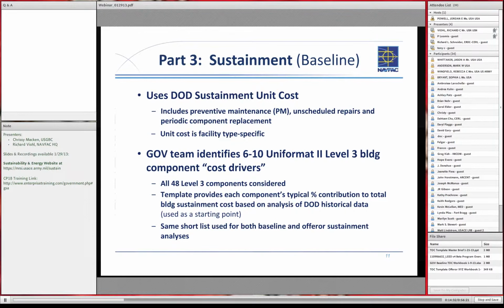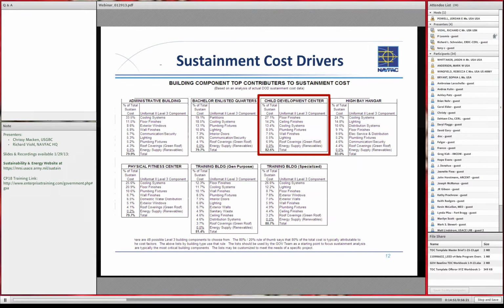But it's only about 6 to 10 of these uniformat level 3 building components. There are 48 altogether. So we're looking at a small number of them, and those are the cost drivers. And we don't care about the rest. It's again the 80/20 rule at play.